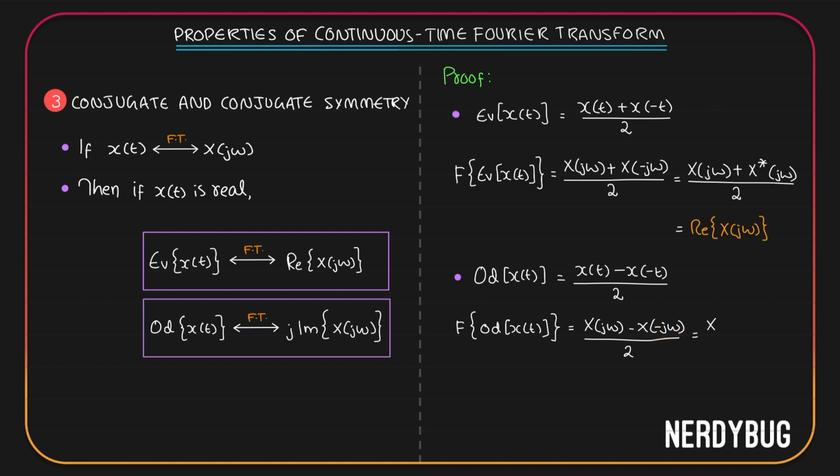So this becomes X of j omega minus X conjugate of j omega divided by 2. Again, if X of j omega is a plus jb, X conjugate of j omega will be a minus jb. If you subtract this from that, a and a get cancelled. You will get jb plus jb, that is 2jb, divided by 2, you will get jb, that is j times the imaginary part. So what you get here will be j times imaginary part of X of j omega.